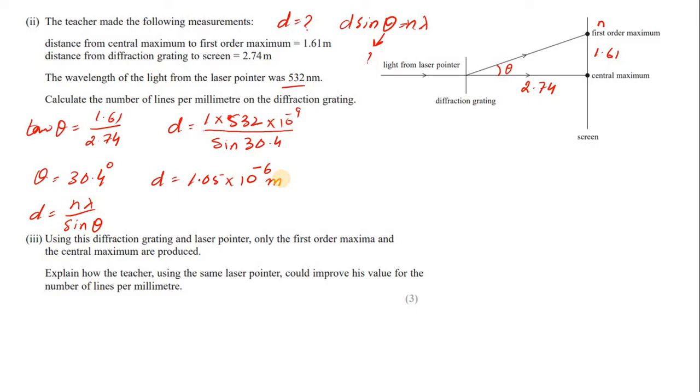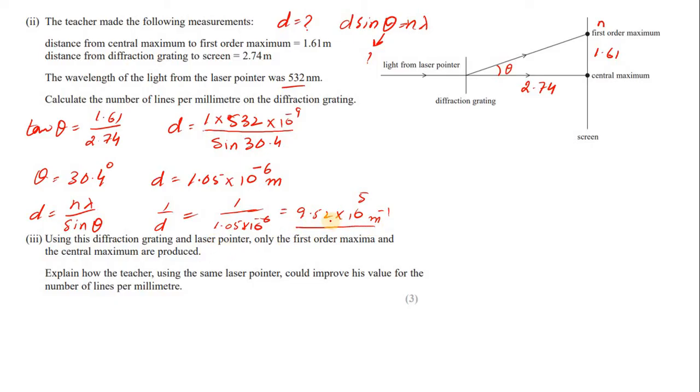So this is the grating element, the distance between two successive lines. If you do 1 upon d, that means 1 upon 1.05 times 10 to the power minus 6, your answer will be 9.52 times 10 to the power 5 per meter. That means these are the number of lines in 1 meter.